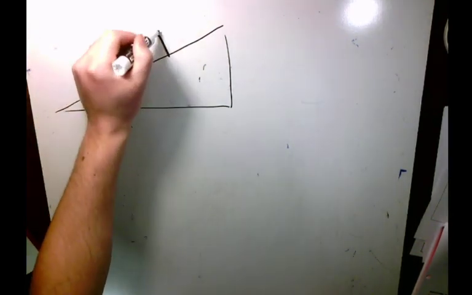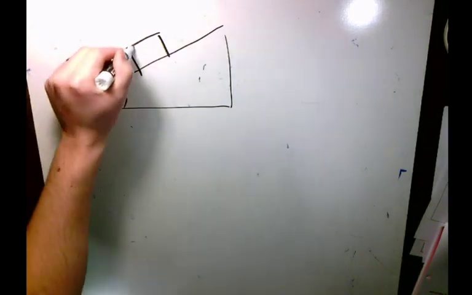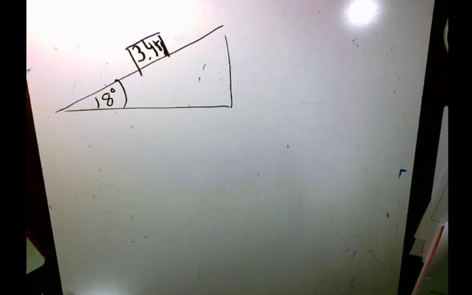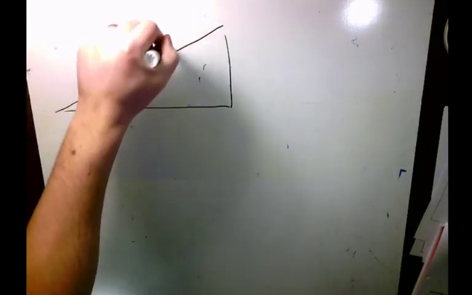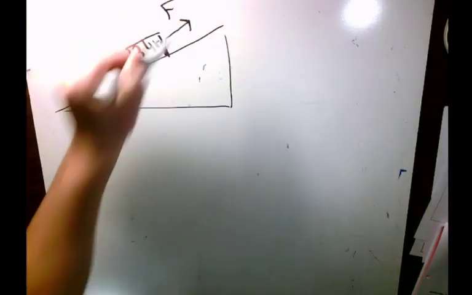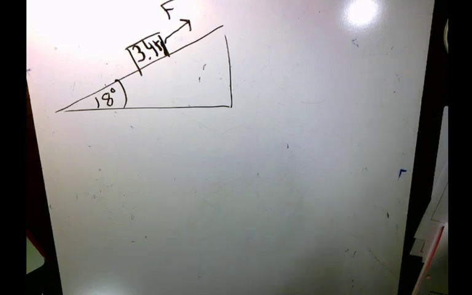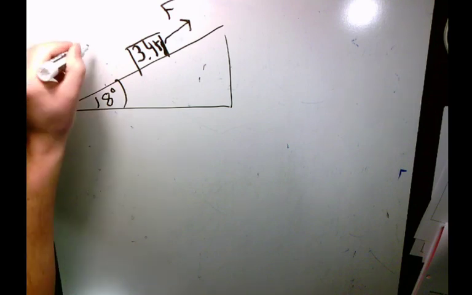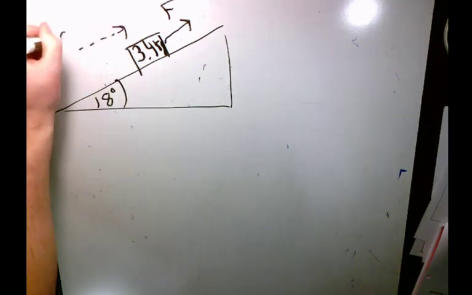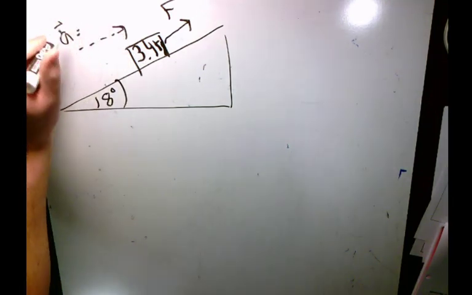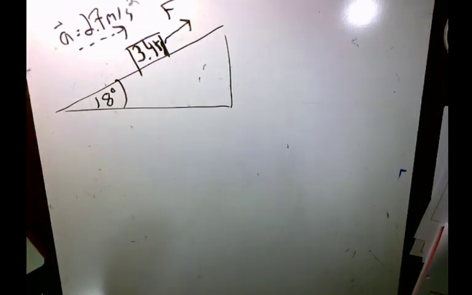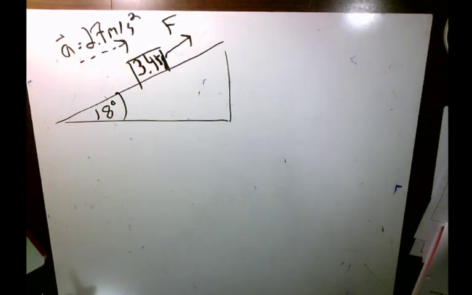We have a box that weighs 3.4 kilograms. And we have an external force pulling it up, F. All right, and we know that we are accelerating up the slope at 2.7 meters per second squared. So this is what the question gives us.